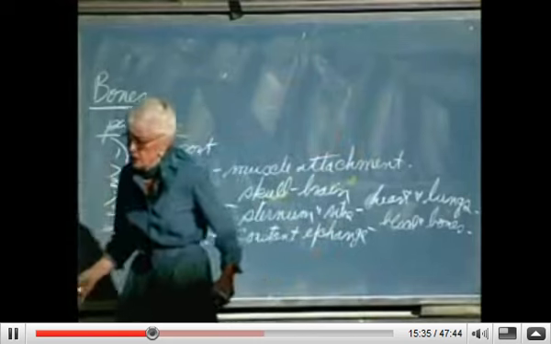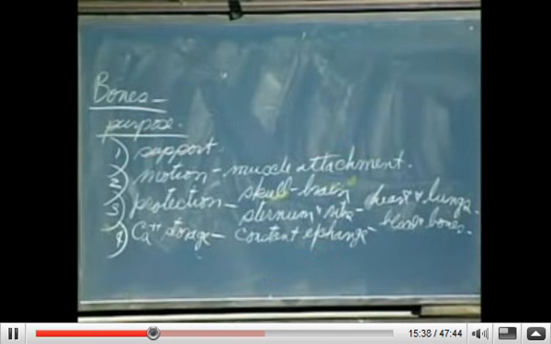People always say you take your calcium just for your bones. For muscle contraction, you need calcium. For nerve conduction, you need calcium. It's a terribly important element in your body.